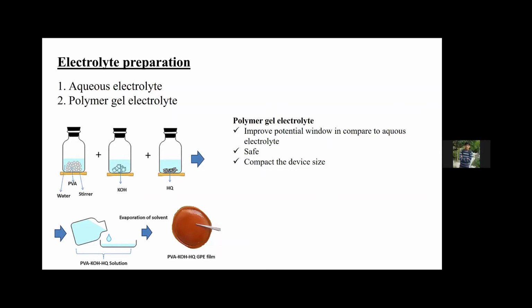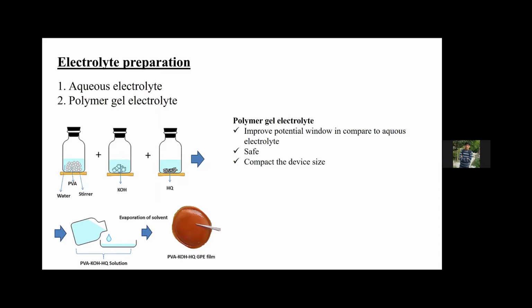First, we add PVA into the water, mix it and heat it. Once it's heated, all the PVA is dissolved in the water, and it becomes a glue-like structure.